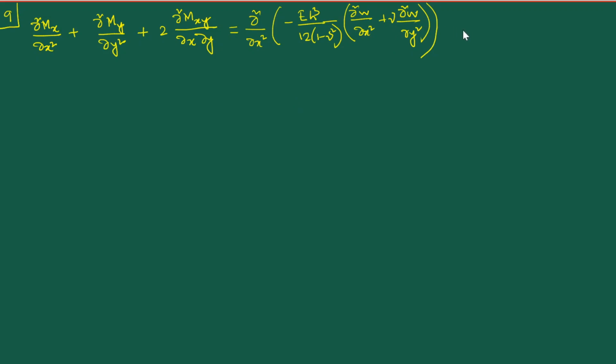Next, for this term, I have del square del y square again, but this time del square W del y square plus nu del square W del x square.